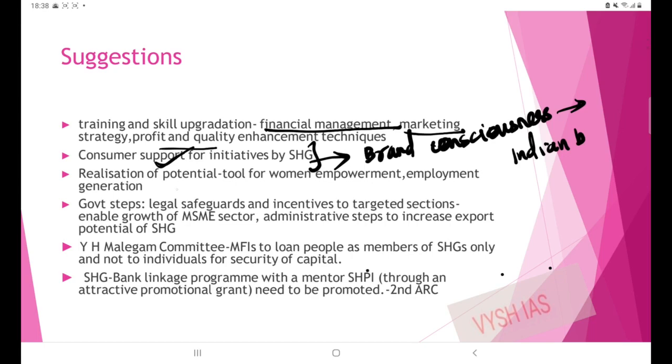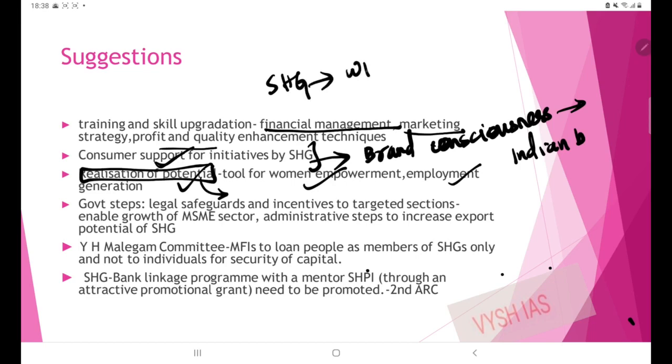Then realization of potential. See, this is a tool of women empowerment and employment generation also. So this is the duty of government. The potential of self-help groups must be realized and translated into a better workforce participation rate so that the unemployment problem can be corrected. Then government steps are legal safeguards and incentives.